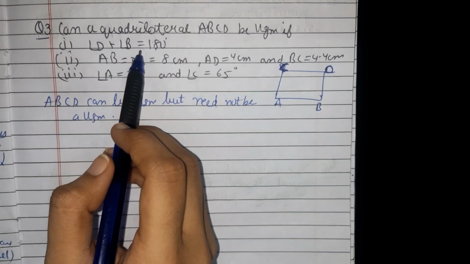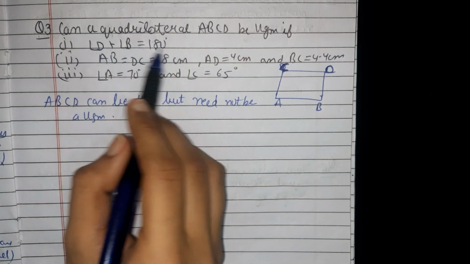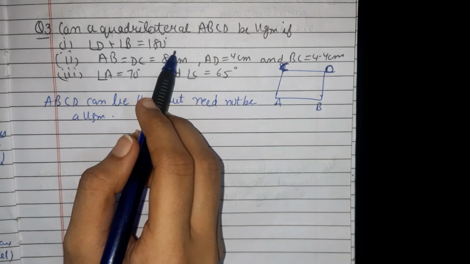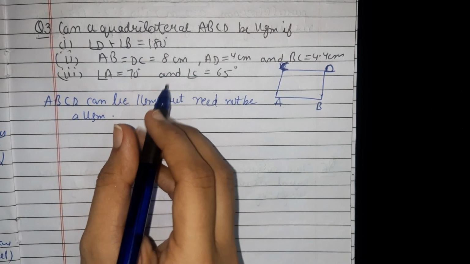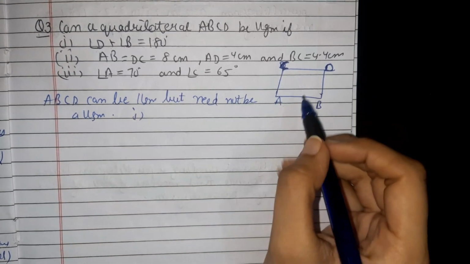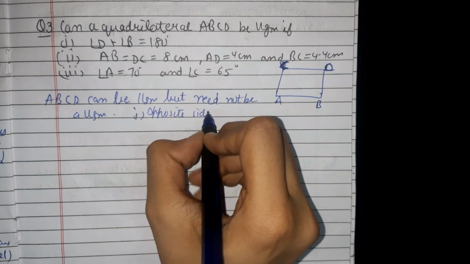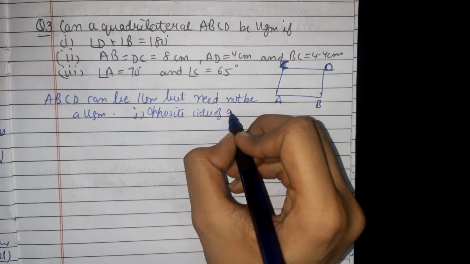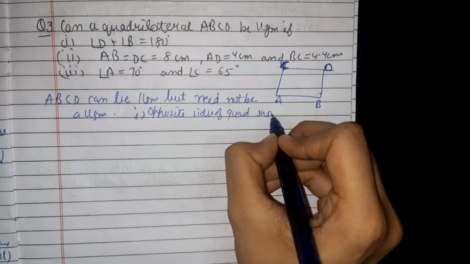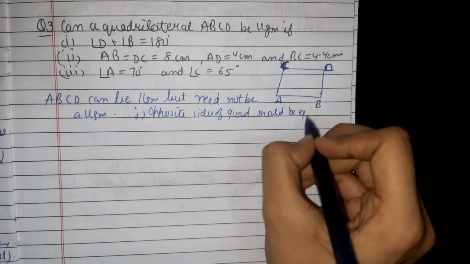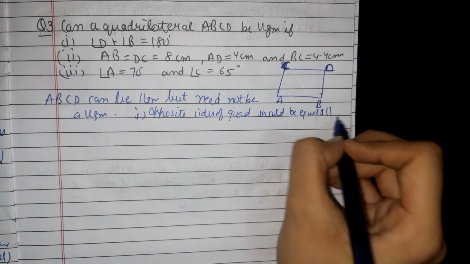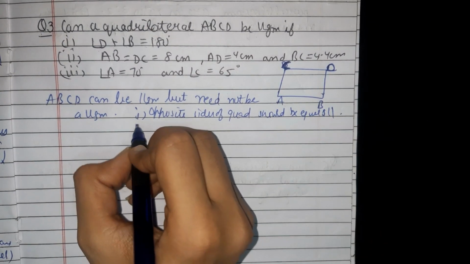The reason is that this condition alone is not sufficient. We need the other conditions too: the opposite sides of the quadrilateral should be equal and parallel.